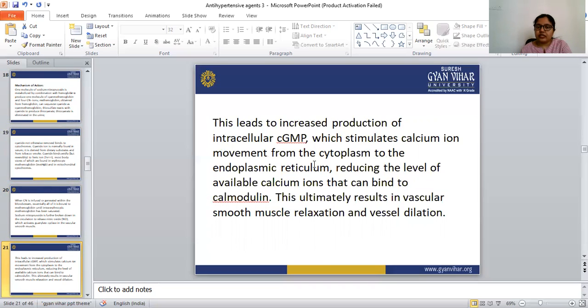So when the calcium ion is reduced, that leads to vascular smooth muscle relaxation and vessel dilation. So this is the mechanism of action of sodium nitroprusside.